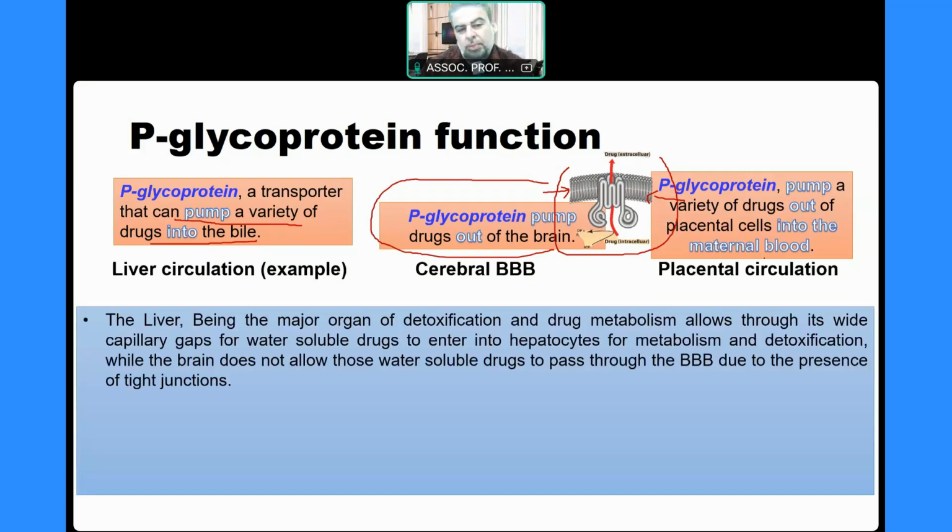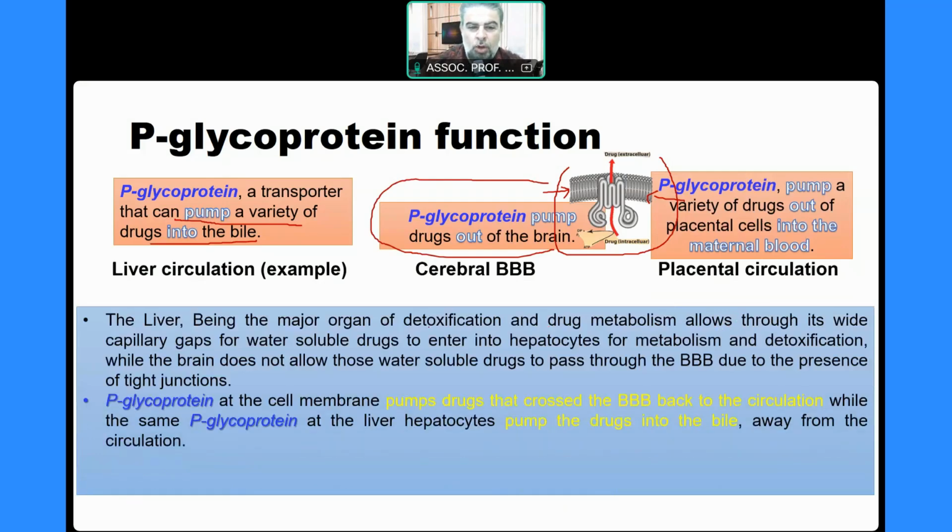So, in brief, the liver being the major organ of detoxification and drug metabolism, allows a large number of drugs through the large capillary gaps, so water-soluble drugs penetrate and enter the hepatocyte for metabolism and detoxification, while the brain does not allow those water-soluble and large molecules because of the tight junctions. Second is the presence of P-glycoprotein with different functions. The cell membrane of the blood-brain barrier, for example, pumps the drug back to the circulation.